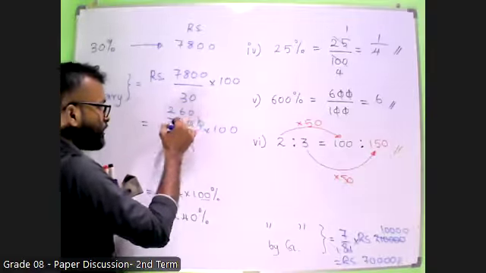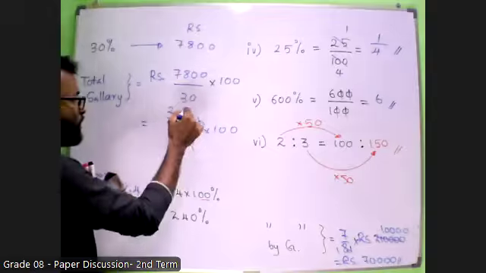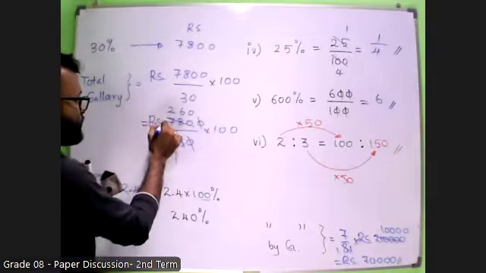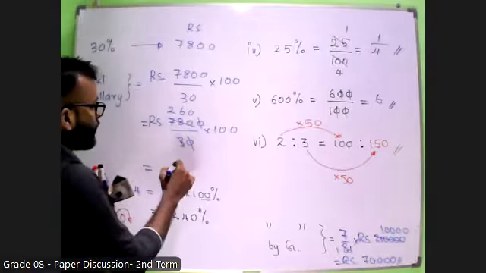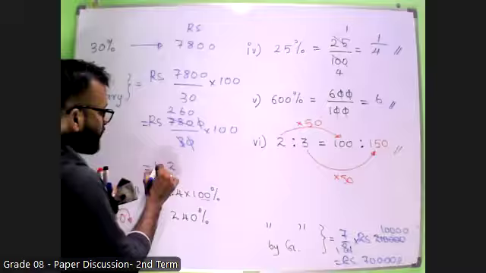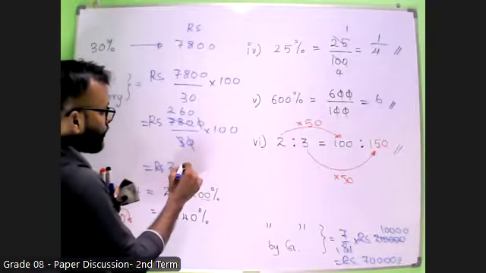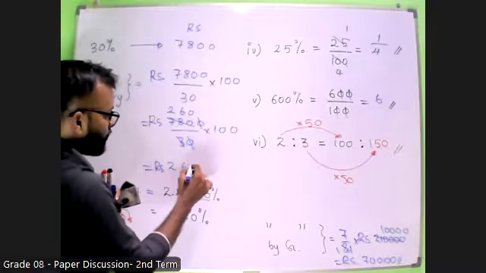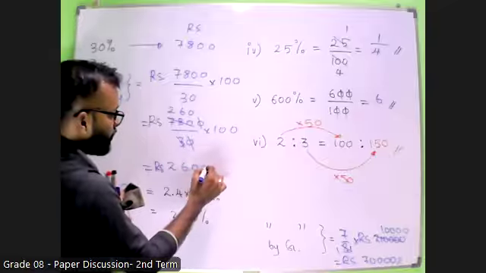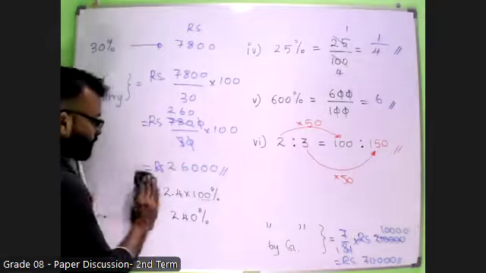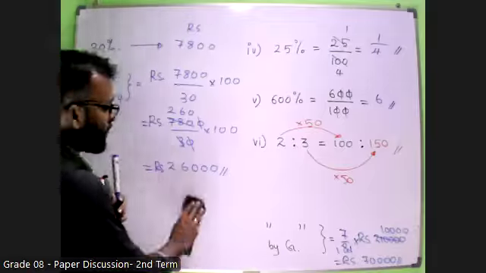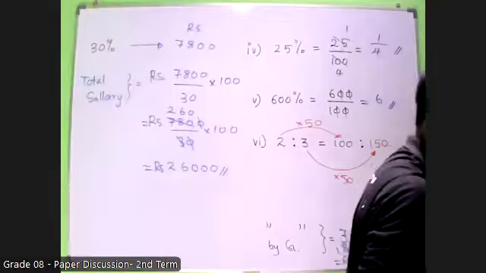So 780 divided by 3, it will give you 260. Right? So that man's full salary will be 26,000 rupees. That man's full salary will be 26,000 rupees.